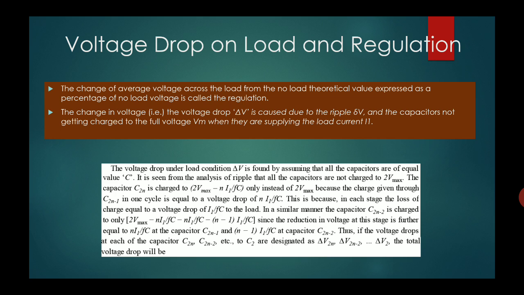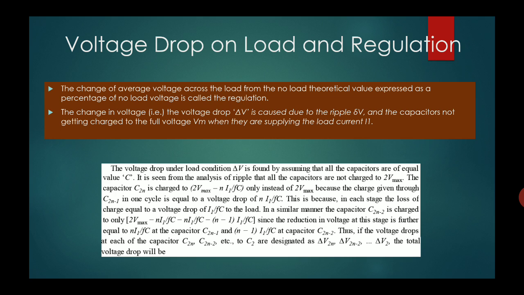Okay, so the voltage drop under load condition, delta V, is found by assuming that all the capacitors are equal to the same value, that is C. It is seen from the analysis of a ripple that all the capacitors are not charged to Vmax, which we have seen in the previous class.